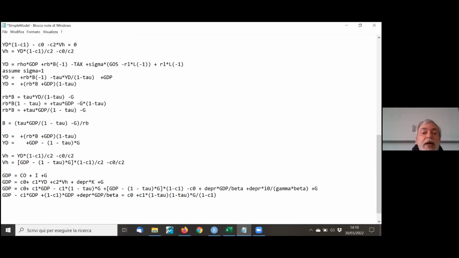Then we have a minus C0 here, which cancels out with the plus C0 we had here.